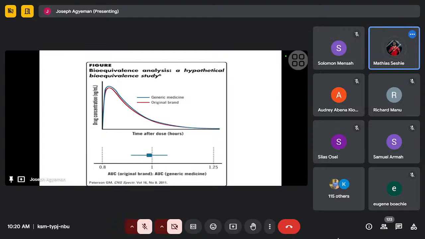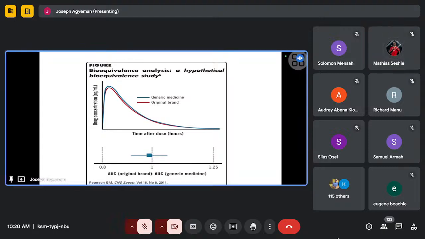No, please. Okay, so this is an example, just trying to demonstrate what we mean by bioequivalent. So they've decided to set the limits 0.8 to 1.25. So once any drug falls within this limit, then another drug, let's say the innovator brand, is normally at the perfect point, one.